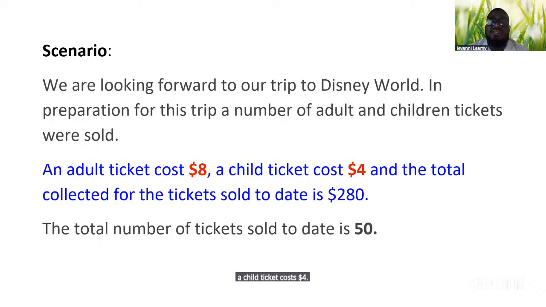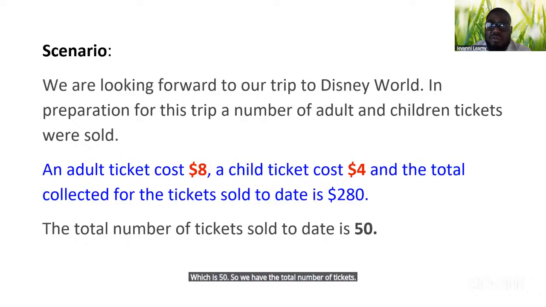And the total that you collected for the tickets was $280. So adult ticket is $8, child ticket is $4, and you collected $280 worth of tickets. The next statement given is the total number of tickets that was sold, which is 50.